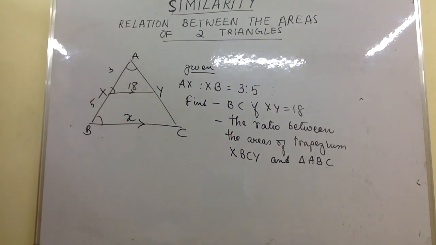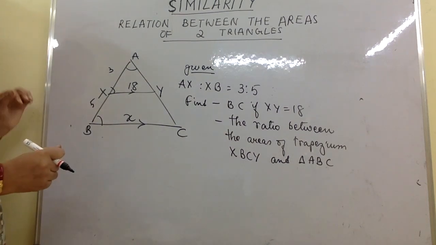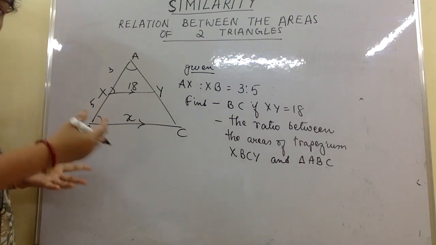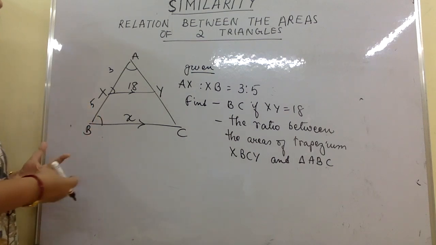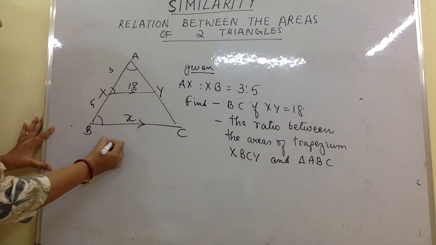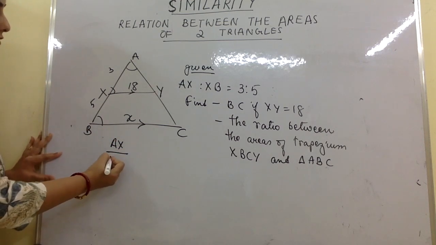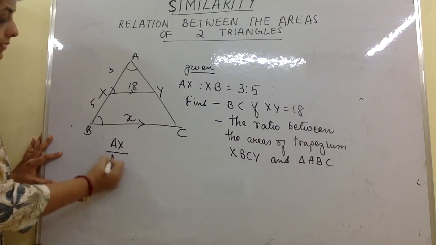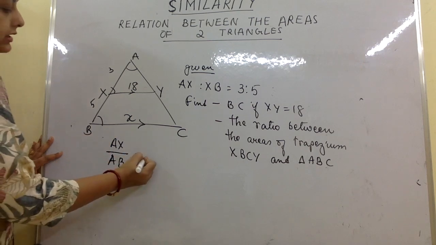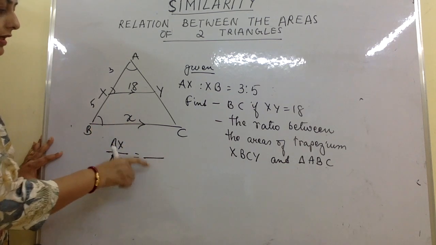In two similar triangles, here we are not even using the theorem. In two similar triangles, we know that the ratio between the corresponding sides are equal. So, AX is corresponding to AB, and in the big triangle, we are writing in the denominator.